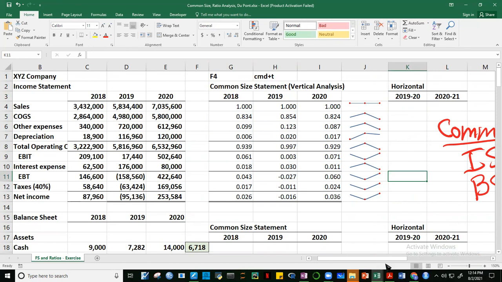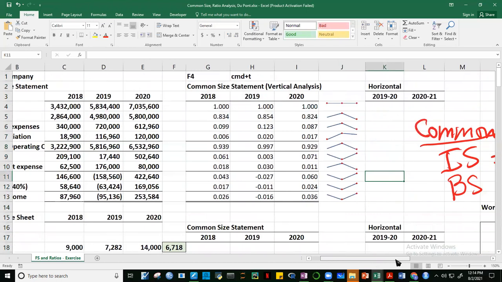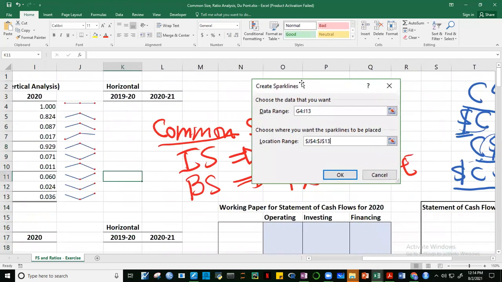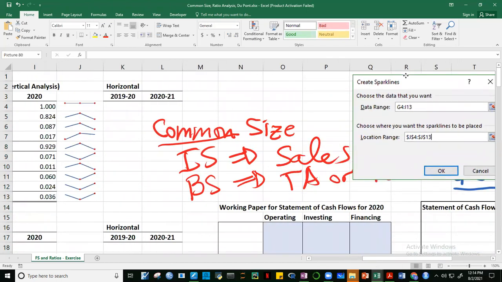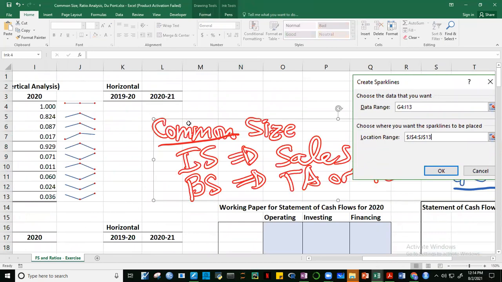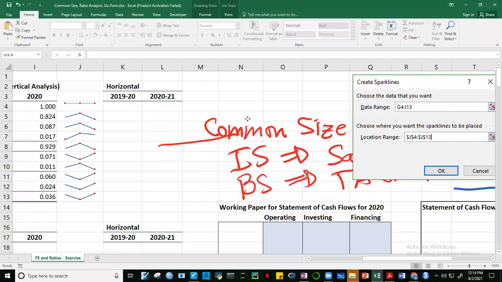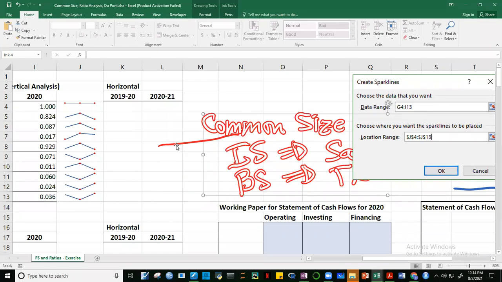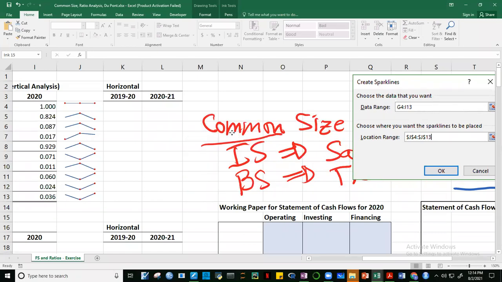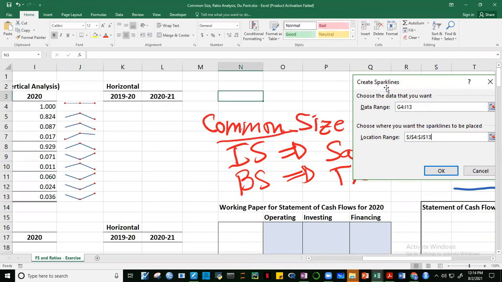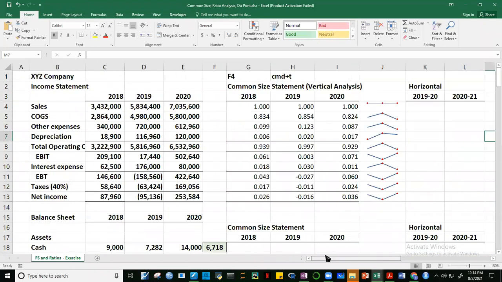Any clarifications? Okay, no questions, clarifications? Okay, wala naman. Okay? Then we go to horizontal analysis, guys.